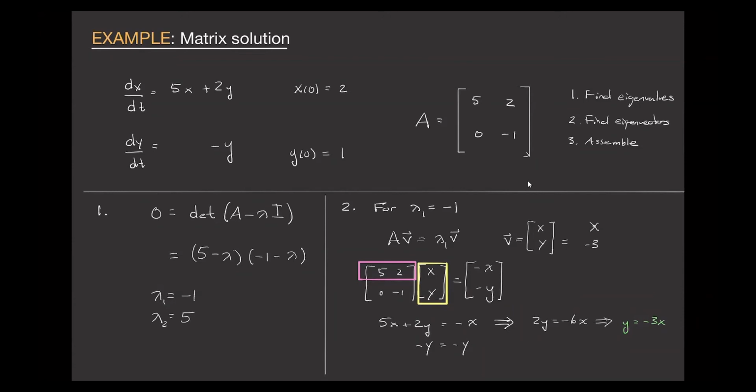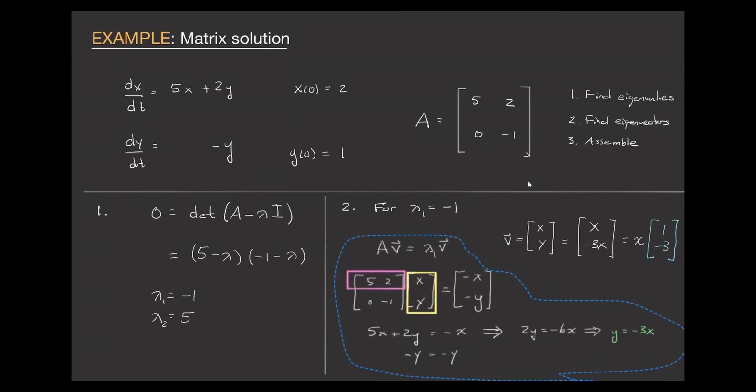So we say negative 3. Now we have this vector all in terms of one variable. We can factor out that variable, and that leaves us with 1, negative 3. And this would be an eigenvector. There are many, but this is one that corresponds to this eigenvalue here. So we have found an eigenvector for this eigenvalue.